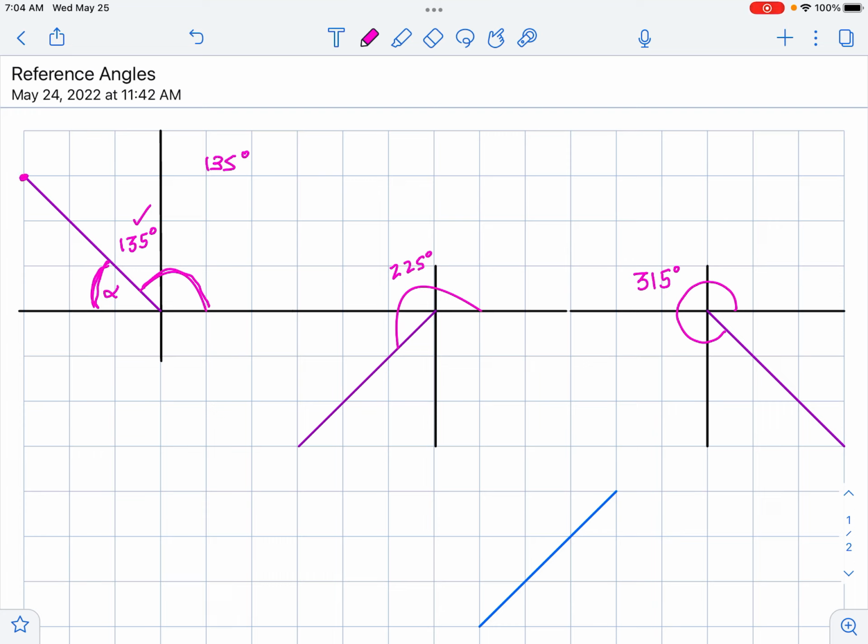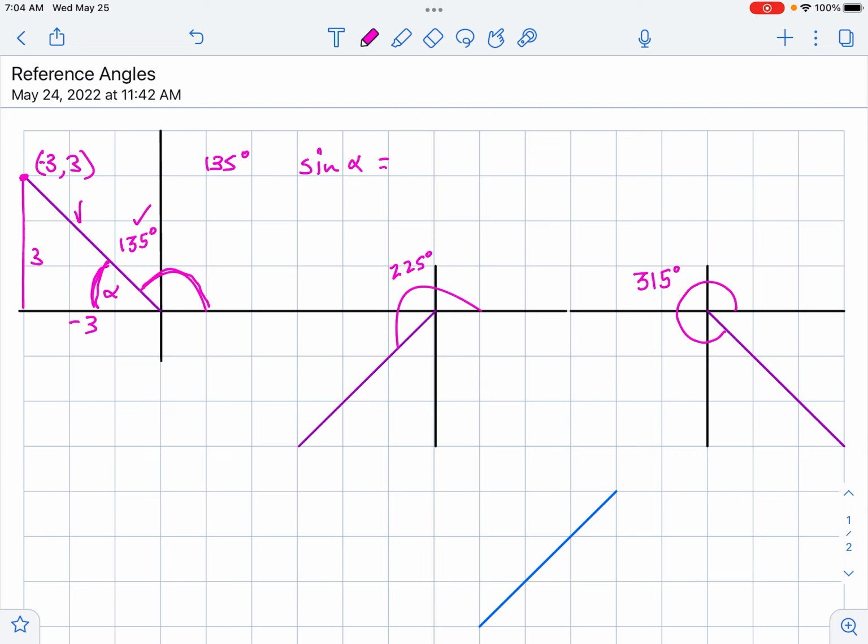Think about this point up here. This point is the point -3, 3. I've sketched it out here. And notice we've got a triangle over here. I can make a triangle. And notice this. The sine of alpha is going to be the opposite over hypotenuse. Well, here is the adjacent, here's the opposite.